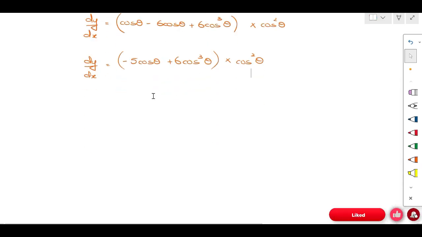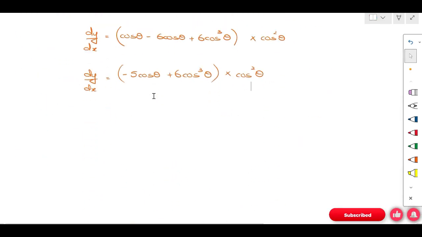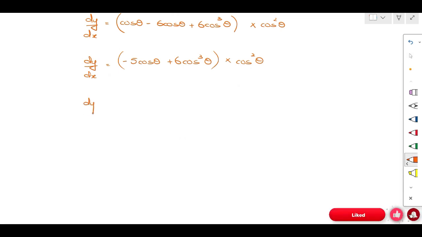So when you find dy over dx, cos square theta is multiplying with this: 6 cos cube theta times cos square theta, the bases are the same, add the power, 3 plus 2 would be 5, so 6 cos to the power 5 theta. This term with this, minus 5, its power is 1, its power is 2, so cos cube theta. So you will get the derivative.